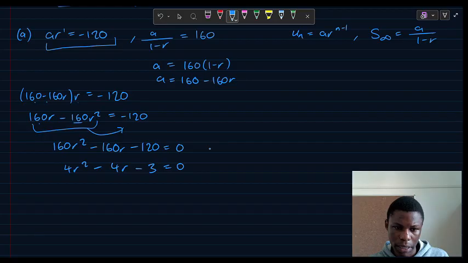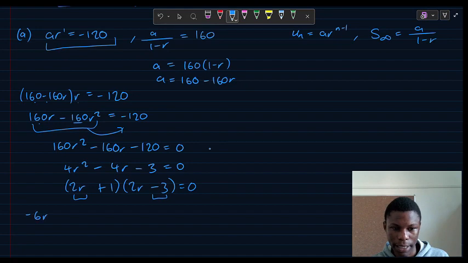Can we factorize this? We could do 2R, and then factors of 3. So I'm thinking negative 3 and plus 1. If you multiply 2R by negative 3, you get negative 6R.